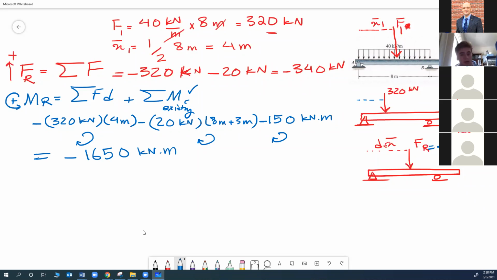I can ask you the same question about this 20 kilonewton force: what caused that 20 kilonewton? We don't know exactly, but it's a force there. It's existing. Nothing that you guys did or the FR that we found is causing this moment. There were some forces somewhere, a couple of forces, or maybe a person applying that couple moment there. But these are existing, same as this distributed load.